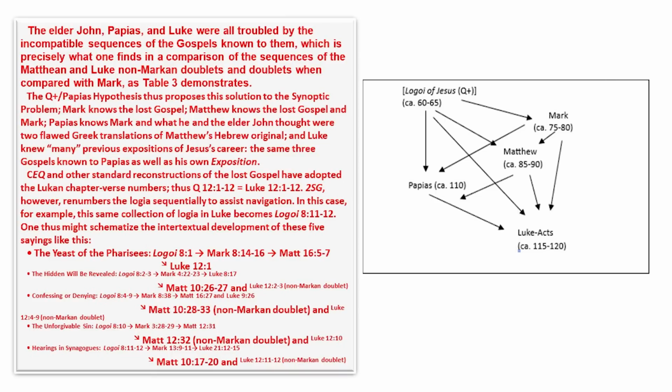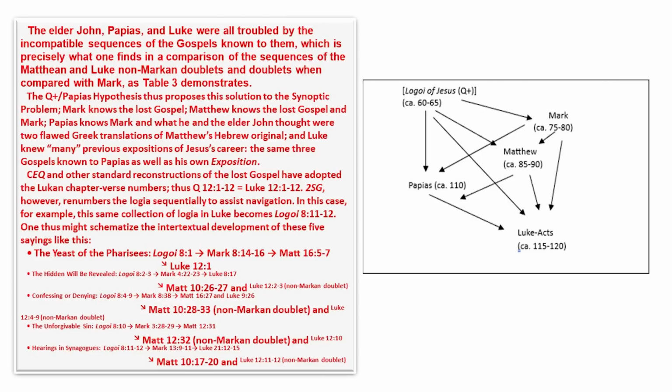Then we have another category of reverse priority of non-Markan doublets in Matthew and Luke. That is, Matthew and Luke both have about a dozen cases where they duplicate the same saying. But the cases of the non-Markan versions are always more primitive than the Markan ones.